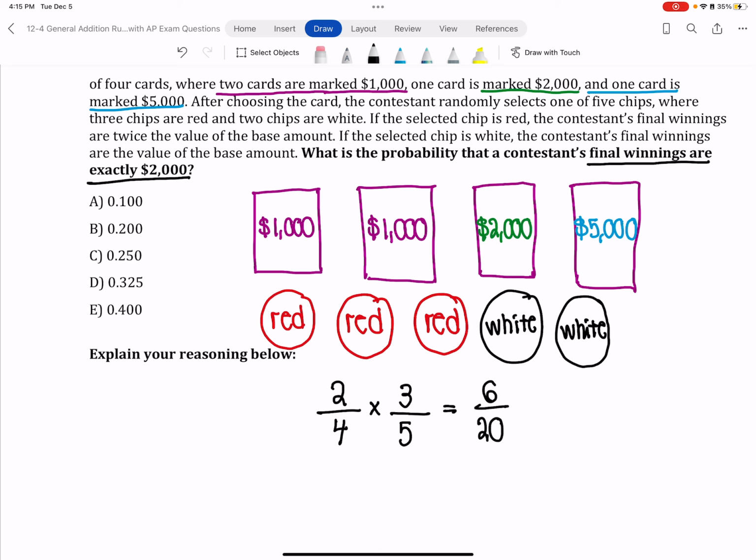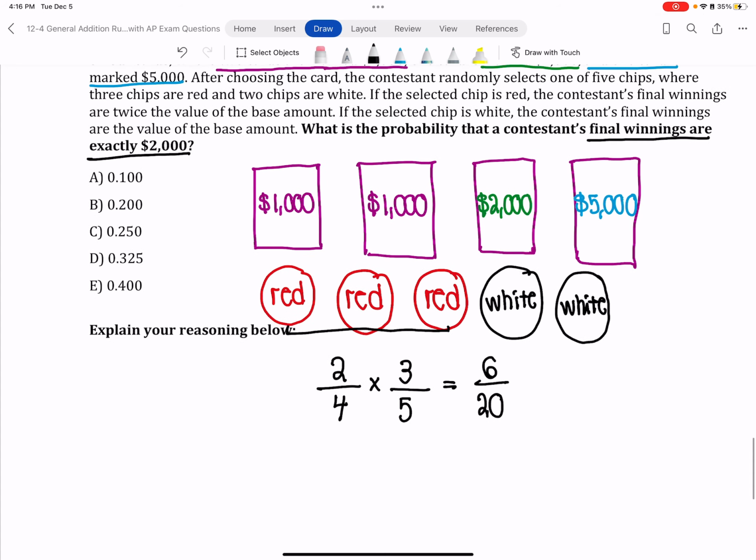And again, they're independent events. So the 2/4 is talking about the $1,000 cards because there are 2 of them out of 4 cards. That's how we got 2 out of 4 for the first fraction. And we're multiplying that with the event of selecting a red chip, and there are 3 red chips out of 5 chips in total.